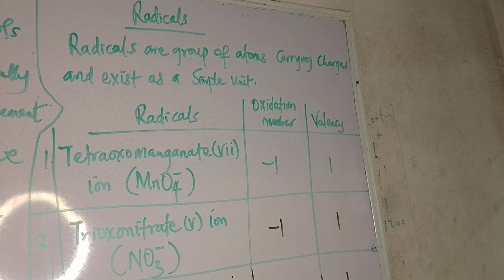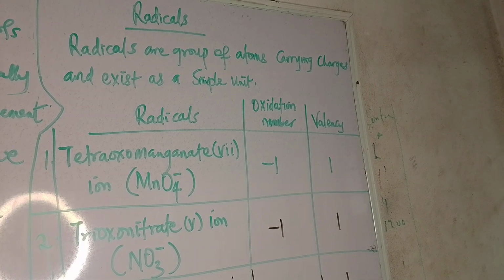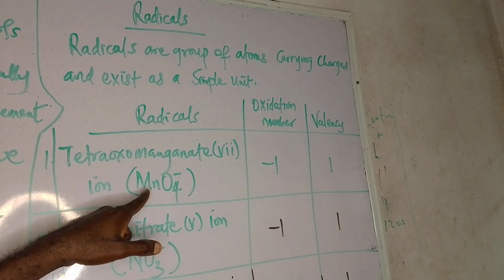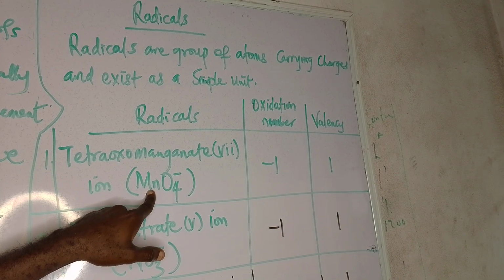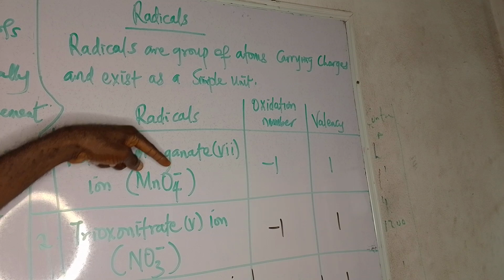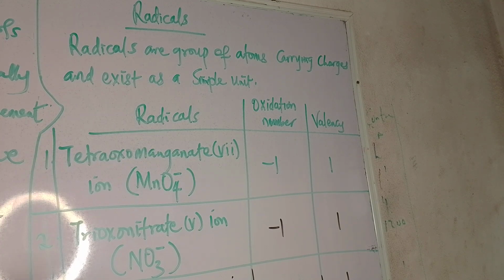You call something a radical when it has more than one atom. See, this is a radical because it has oxygen and manganese with a common charge. That's why we call them radicals. They are a group of atoms.